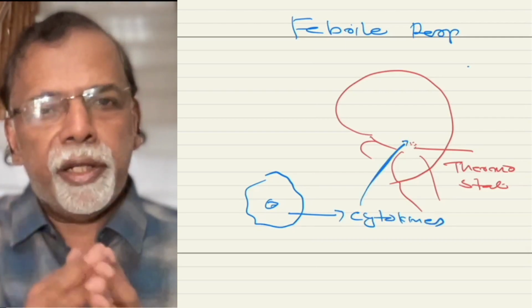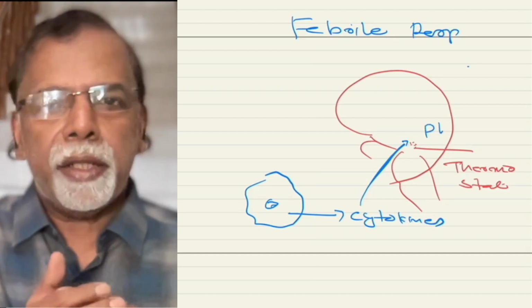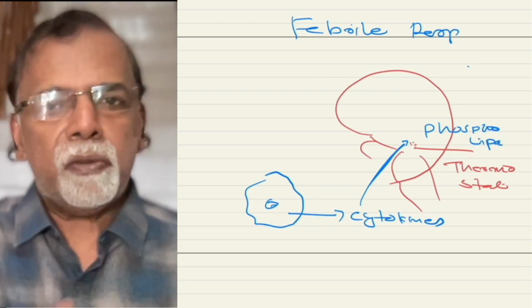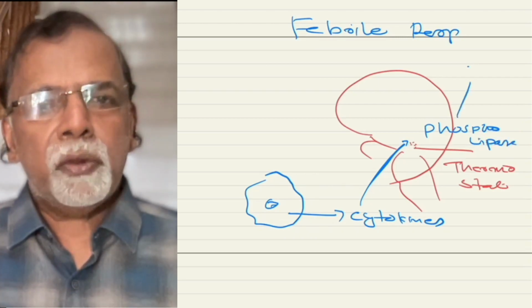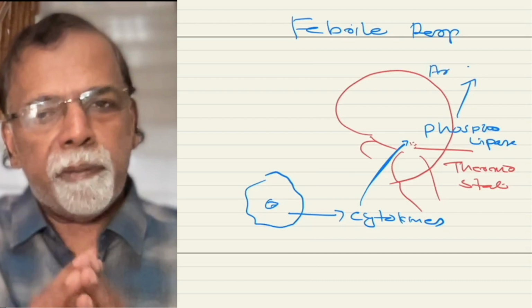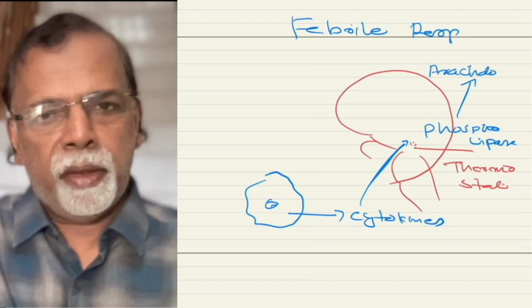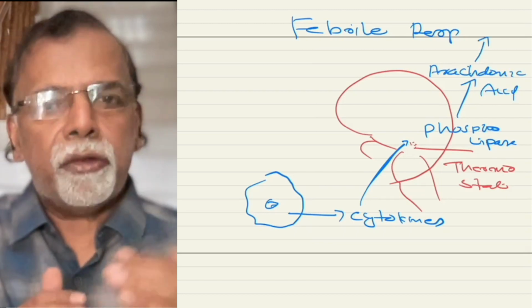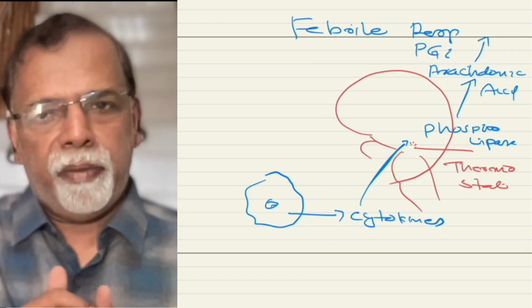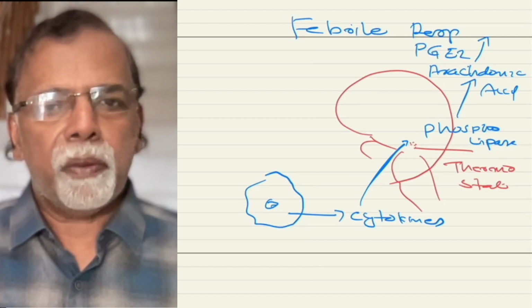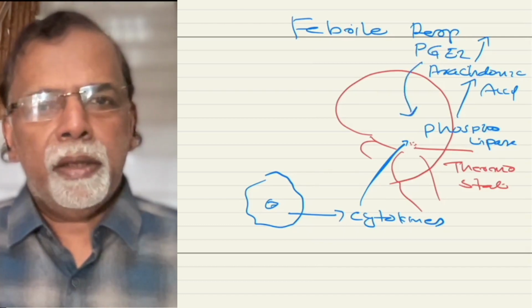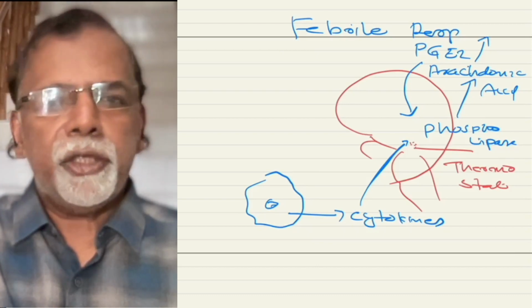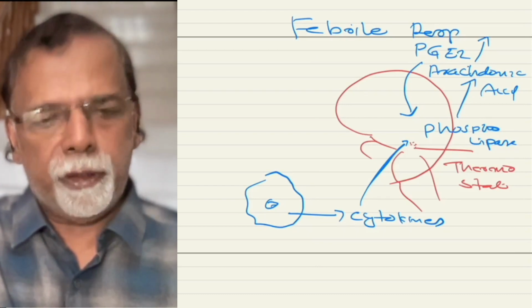The receptor is situated in the preoptic region of the anterior hypothalamus, and it activates the enzyme phospholipase A. So this phospholipase A liberates plasma membrane arachidonic acid, and this is a substrate for the cyclooxygenase pathway and results in the mediator prostaglandin E2, and this modifies the thermosensitive neurons in the thermoregulatory center.